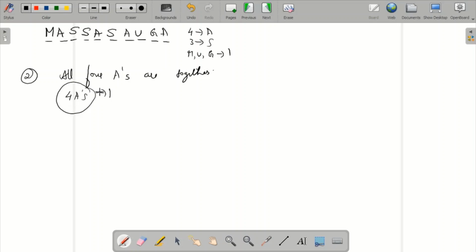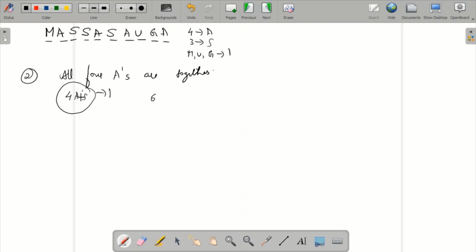The remaining letters are 6, out of which 3 are S and the rest is this. The 4 A's together are taken as one block, and there is no need for permutation of the A's within themselves, because the A's are the same.